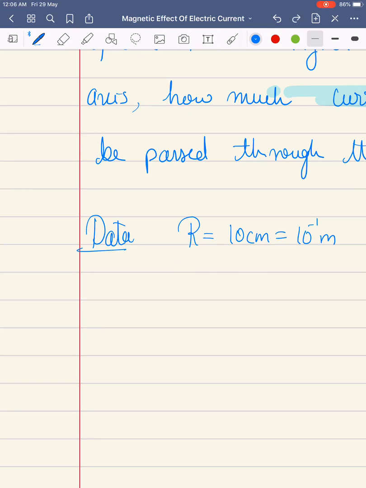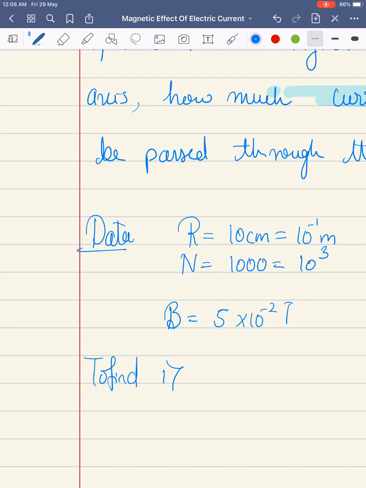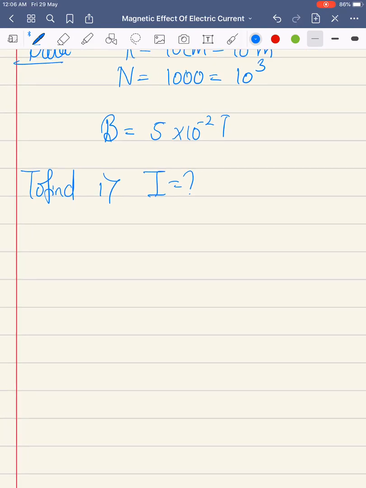Number of turns capital N is mentioned as 1000, that is 10 raised to 3. Magnetic field is 5 into 10 raised to minus 2 Tesla. What they are asking us to find is the current. So what I can say is B is equal to mu naught Ni divided by 2 pi r.